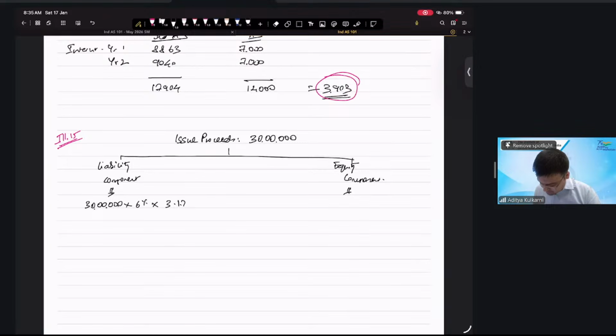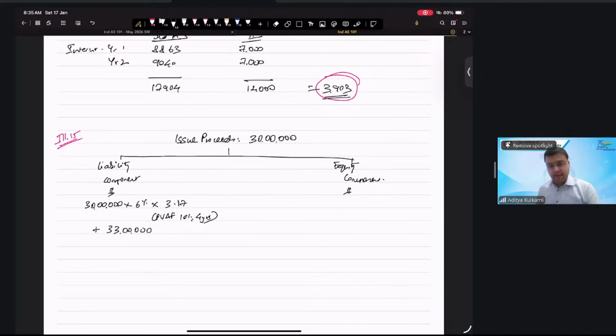This is the present value annuity factor of 10% for 4 years, correct? Plus principal will get redeemed.